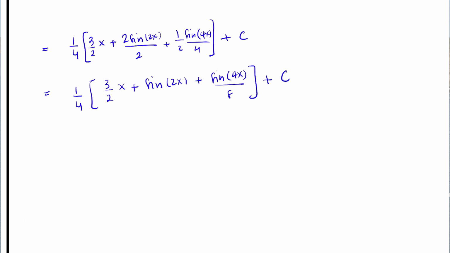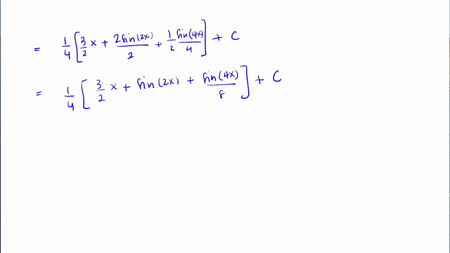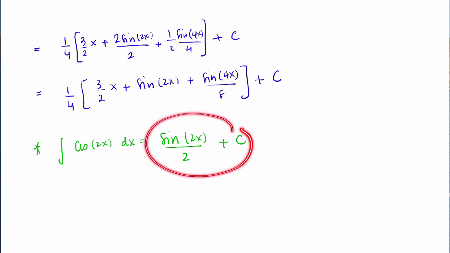So let me just mention something real quick. Notice that I didn't prove that the integral of cosine of 2x dx is equal to sine of 2x divided by 2 plus a constant. You can see that this is true by computing the derivative of the right hand side. You'll get cosine of 2x divided by 2 times the derivative of 2x.